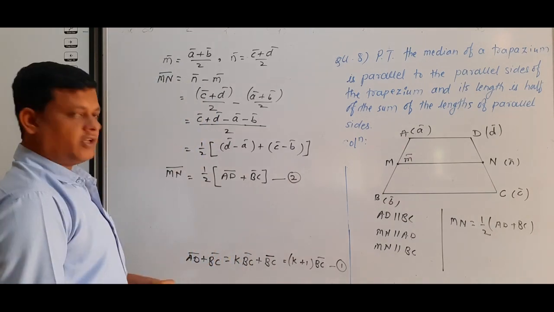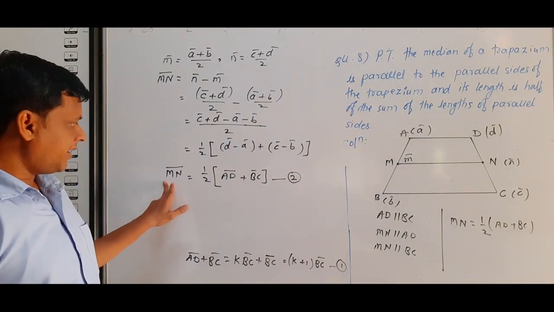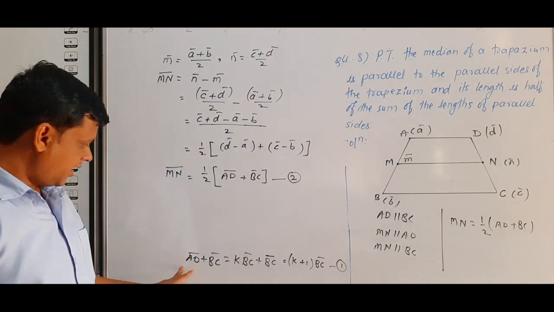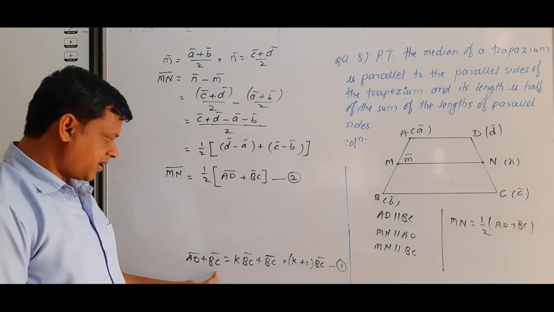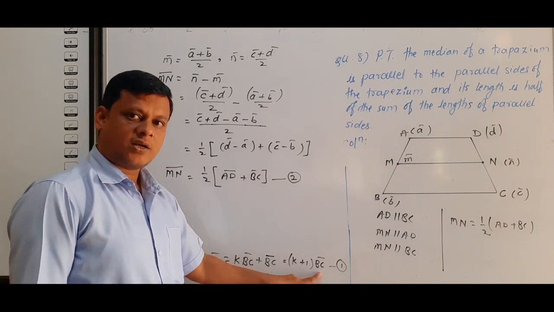Now observe equations 1 and 2. Here vector MN equals half of vector AD plus BC, and here vector AD plus vector BC equals K plus 1 times vector BC.